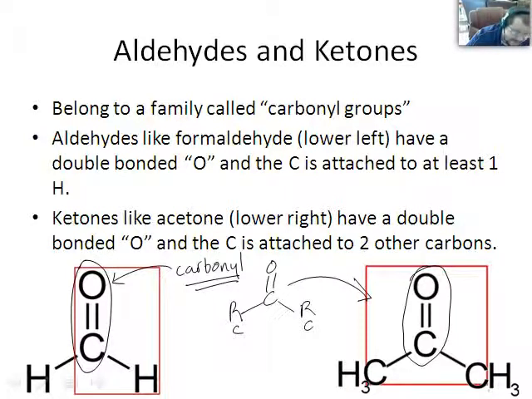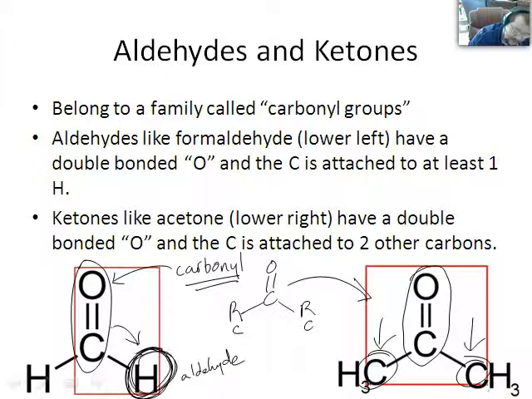If I have at least one hydrogen instead of a carbon to the side of the carbonyl, that's what makes it an aldehyde. So a carbon on either side makes it a ketone. At least one hydrogen to one side of the carbonyl makes it an aldehyde.